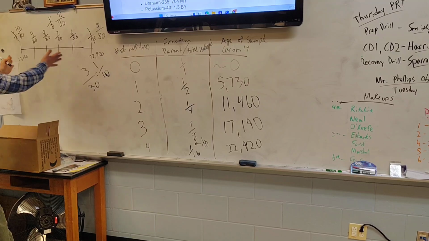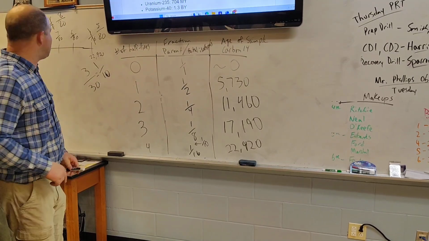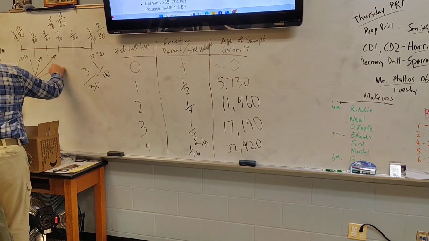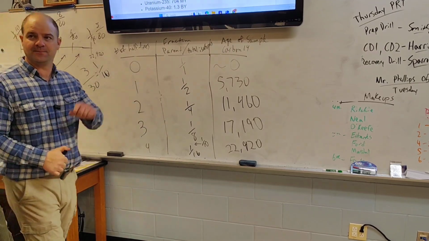So we have just physically divided our number line into 5 pieces. That means for each of these increments, there is a corresponding amount of time.